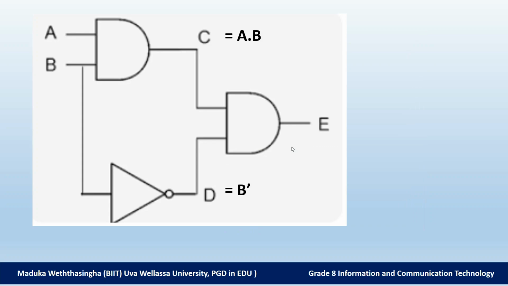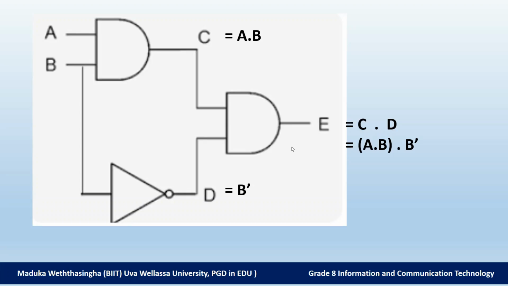Then D equals B bar because it's a NOT gate. And finally the C and D inputs go through an AND gate. So our final output is E equals C dot D. It means A dot B dot D bar.